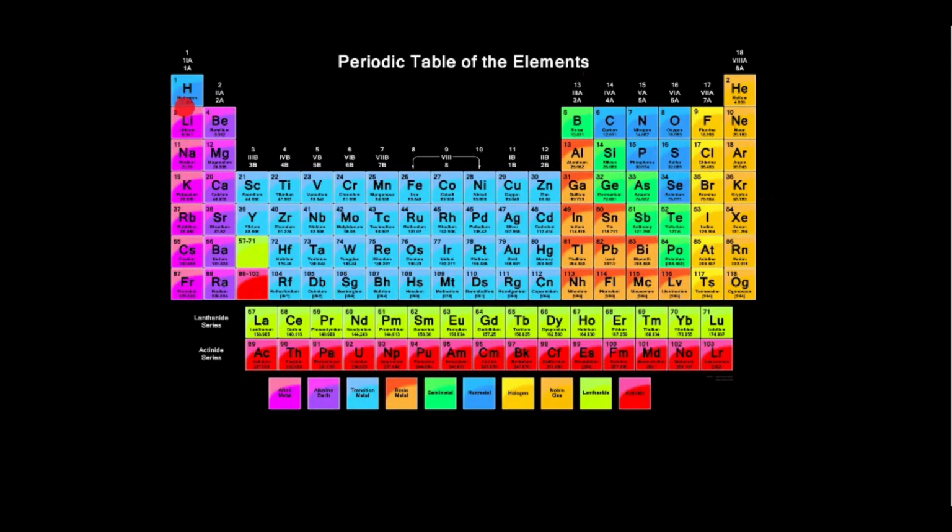In this periodic table, we can notice there are horizontal rows as well as vertical columns. Horizontal rows of periodic table are known as periods. First of all, we will study in detail about periods and then we will study about groups. Total periods which are present in the periodic table are 7: 1, 2, 3, 4, 5, 6, 7.